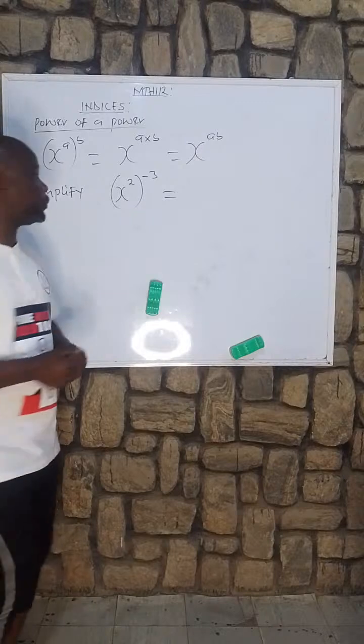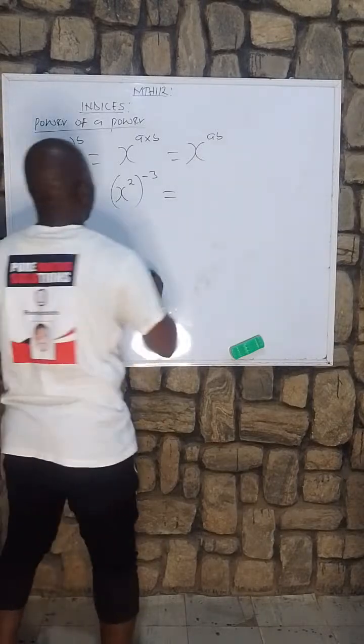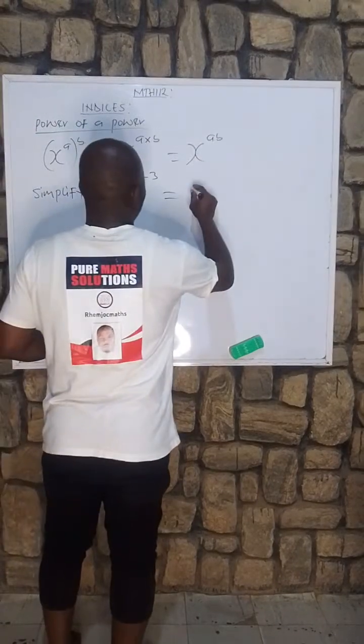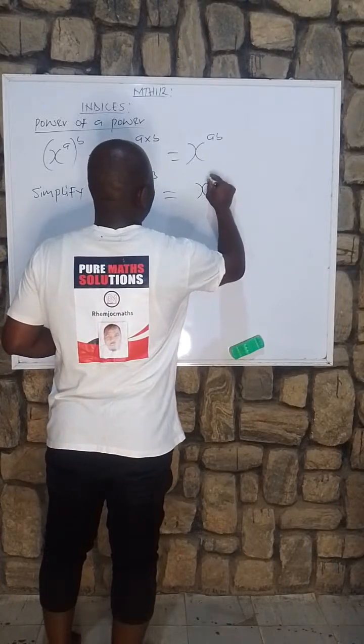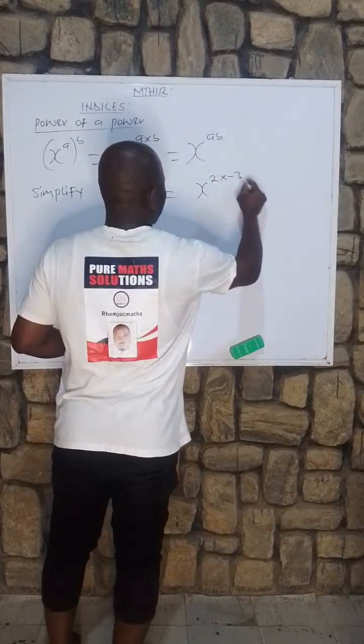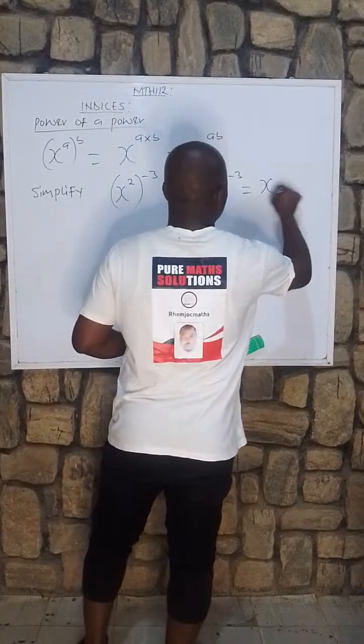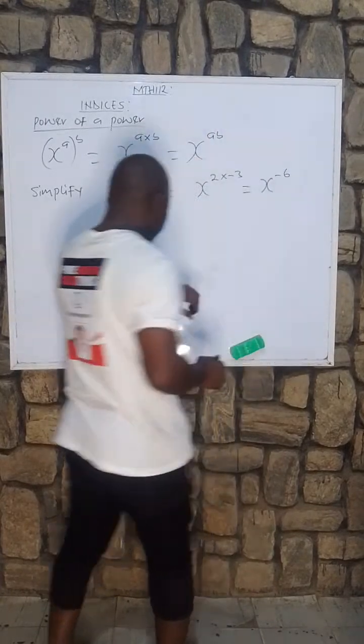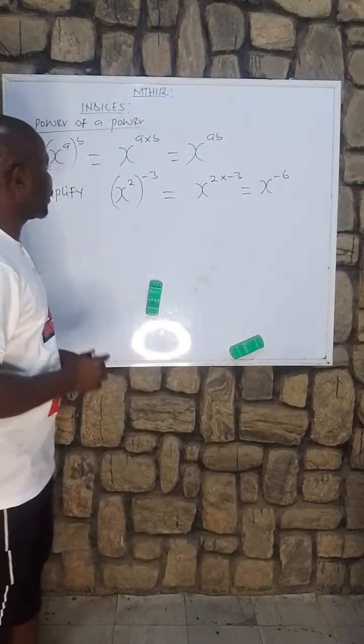So let's do it together. This is equal to x raised to the power of 2 times minus 3. This is equal to x raised to the power of minus 6, right? Okay, you are right.